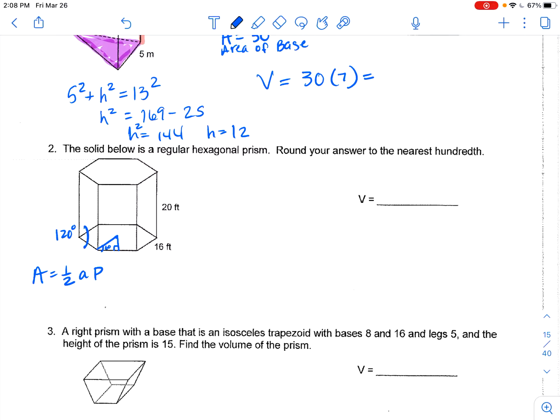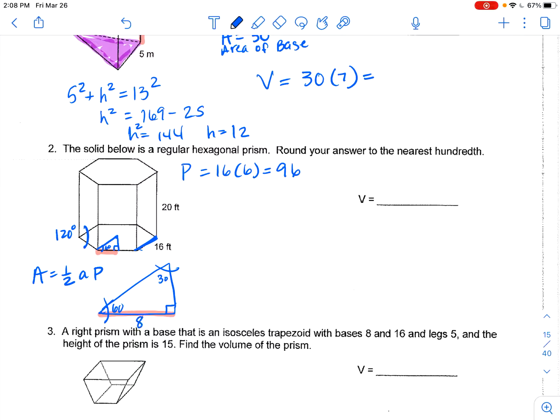This angle here is going to be the 60, so I'm going to draw this triangle bigger because that's too tiny. 60, and we know this guy is 30. If each side length is 16, and we have 6, 16 times 6 is 96. That's my perimeter.